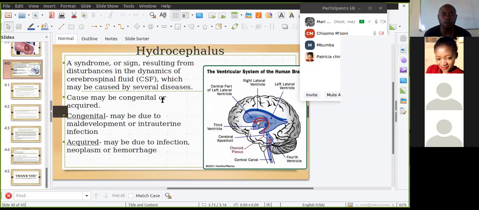The causes can be congenital or acquired. Congenital causes may be a result of maldevelopment or due to uterine infection. The acquired type can be due to infection, neoplasms, or a result of what? Hemorrhage.